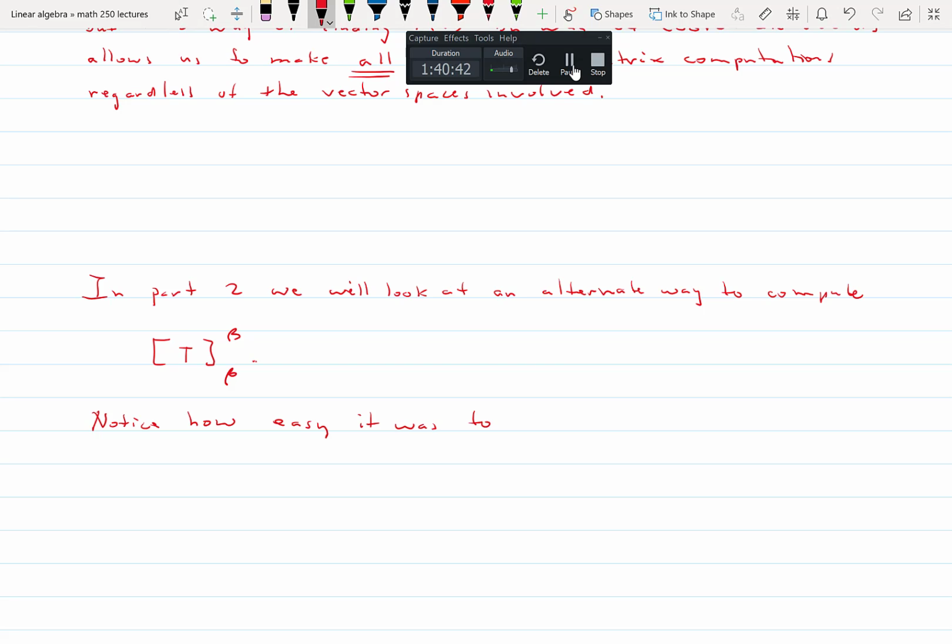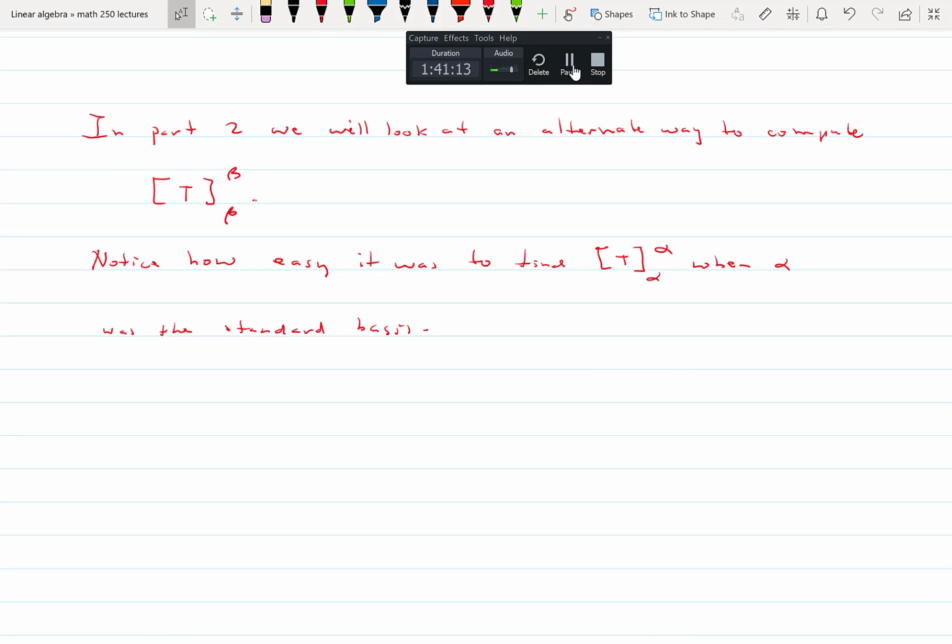And as I was going to write before I noticed that I hadn't pushed pause, notice how easy it was to find the matrix of T with respect to alpha when alpha was the set of standard basis vectors, the standard basis.